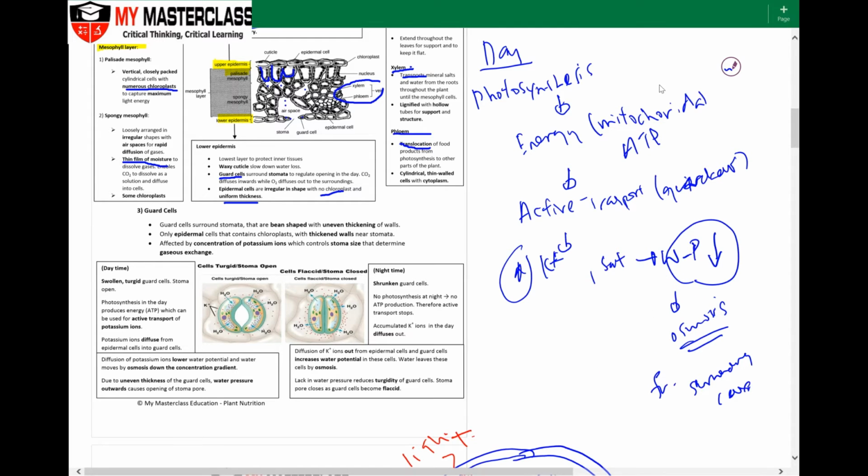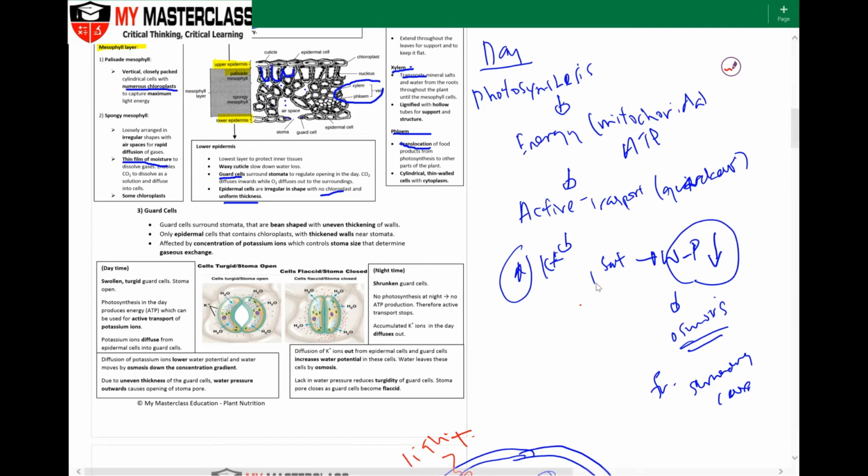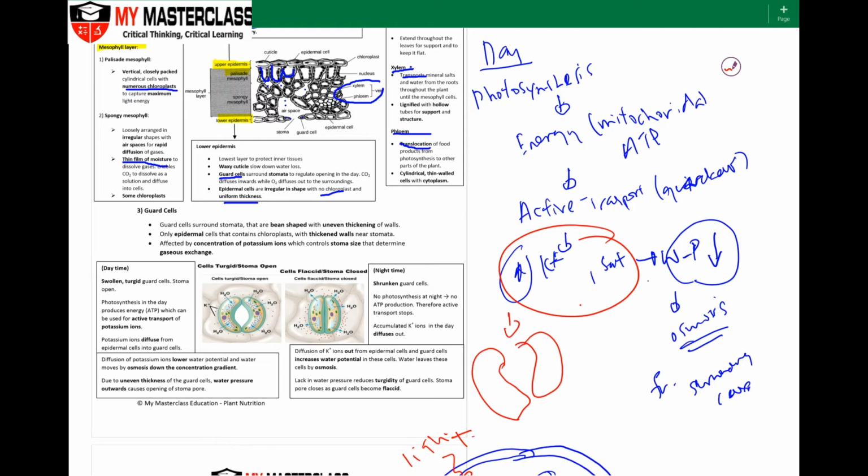Okay, so what will happen is when water enters the stomata along with the presence of my potassium and salt ions, because of my uneven nature, the outside is thicker than the inside. Okay, so when everything goes in, the pressure of the water will be pushed towards the back, which enables the guard cells to open up. Okay, so this is the daytime.